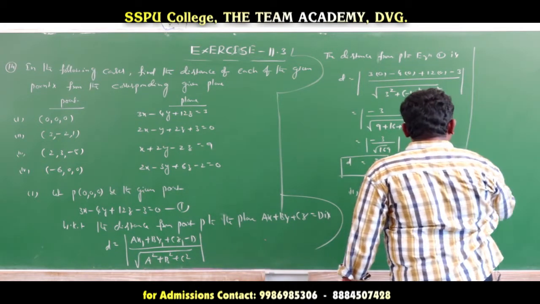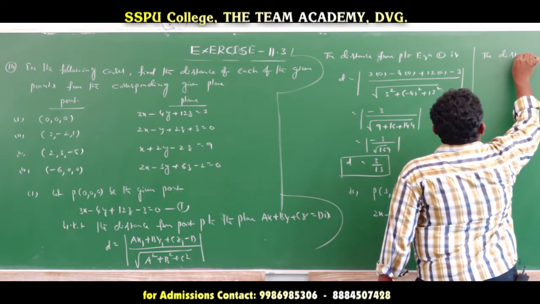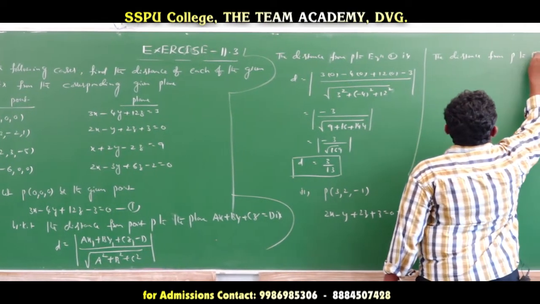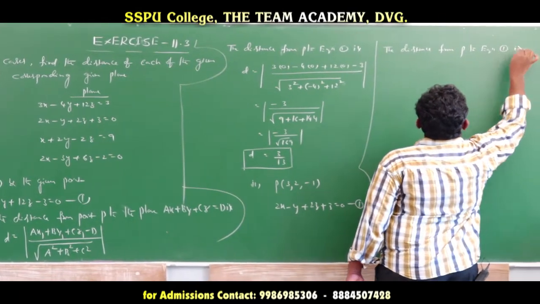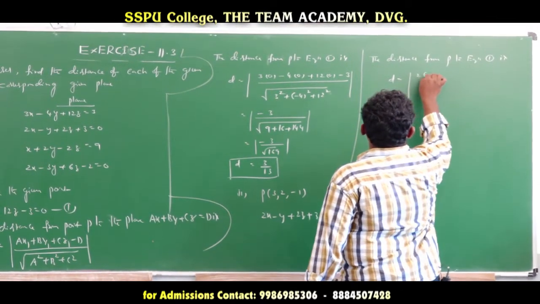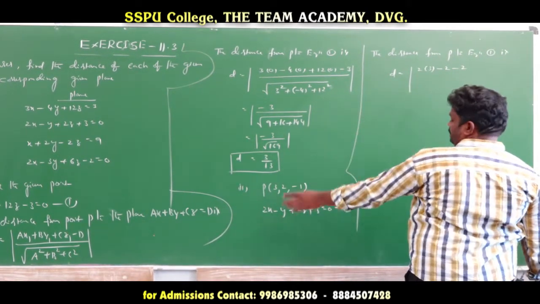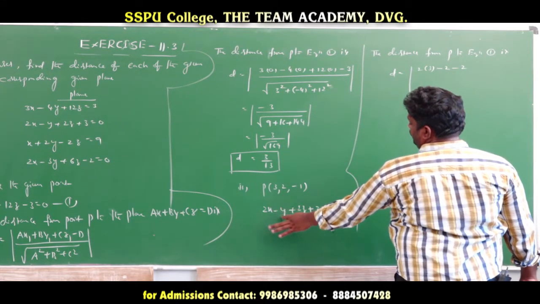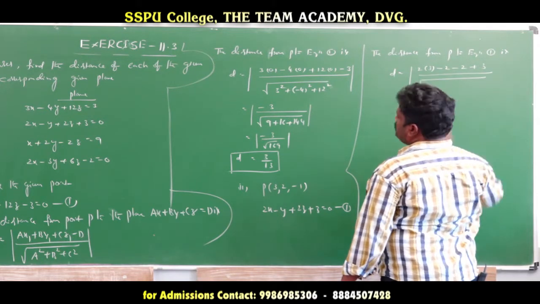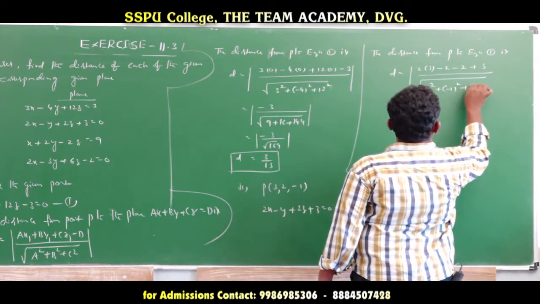The distance from P to equation 1 is d is equal to, substituting the values, 2 into 3 minus 2 minus 2 plus 3, divided by the square root of 2 square plus minus 1 square plus 2 square.